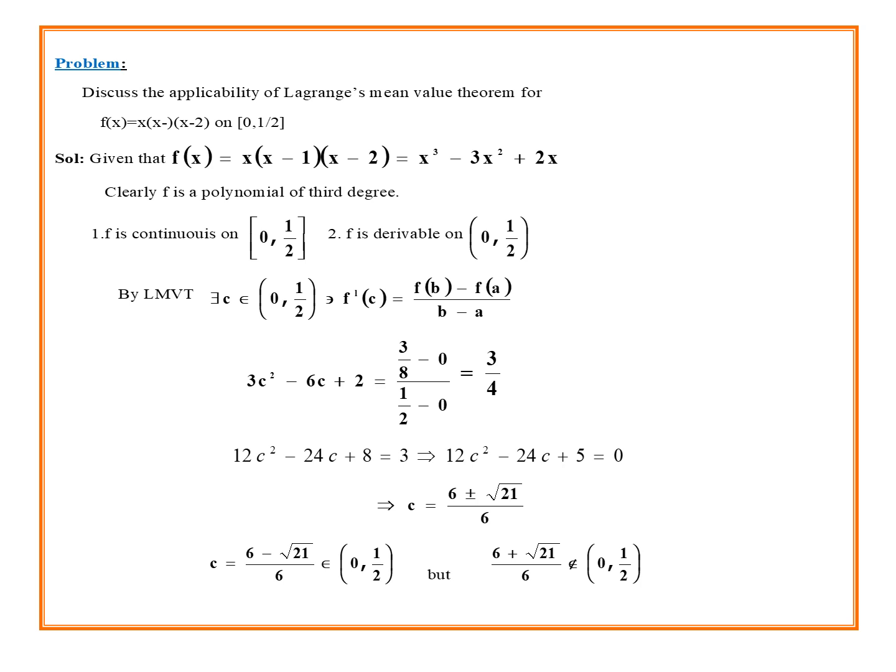By Lagrange's mean value theorem, there exists c belonging to the open interval (0, 1/2) such that f'(c) = (f(b) - f(a))/(b - a), which means 3c² - 6c + 2 = (3/8 - 0)/(1/2 - 0), that is equal to 3/4. So 12c² - 24c + 8 = 3, that implies 12c² - 24c + 5 = 0.